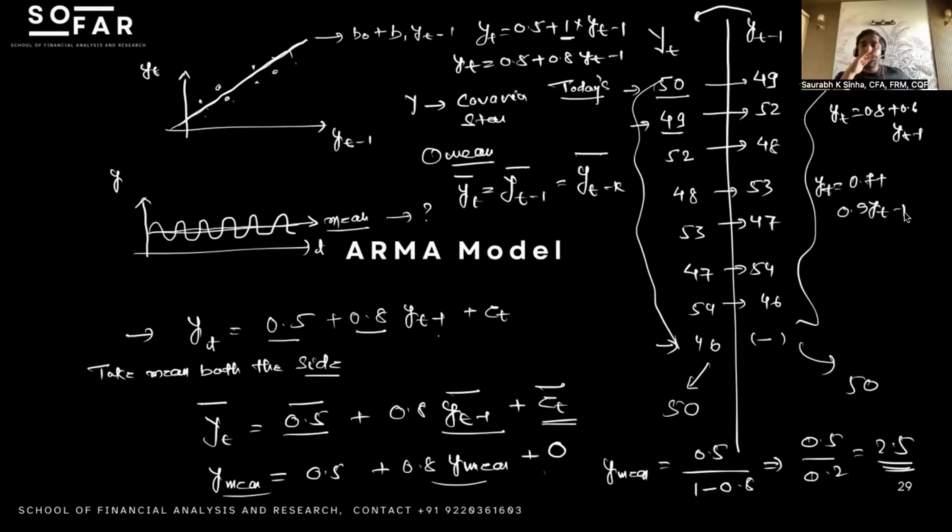You understood this section? Now the third time series that you are taking, for the next 10 data points, any random 10 data points in a sequence, it is giving you yt is equal to 0.5 plus 1 into yt minus 1. Now my question is, sometimes it is coming as 1, sometimes 0.8, sometimes 1 again, sometimes 0.6. How would you confirm that b1 is equal to 1 or not? What will you do? Is the question clear?